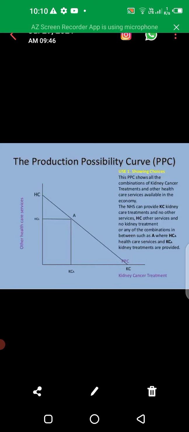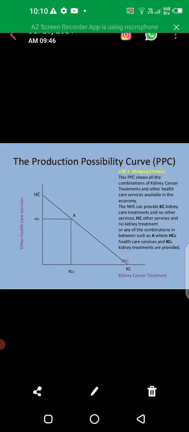We have already seen many examples of the PPC curve. We choose the point where we get the best satisfaction. The line or curve of the PPC shows the maximum utilization of resources, or we can say the sufficient utilization of resources.